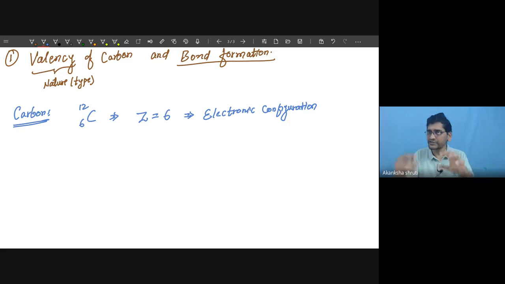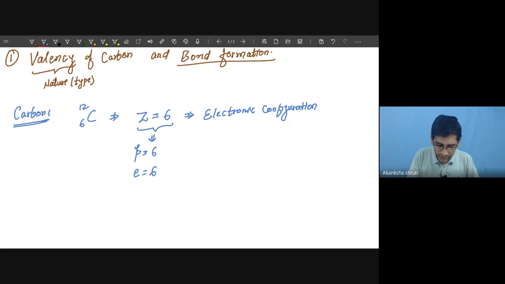Electronic configuration is arranging the electrons in different shells. This we have learned in class 9. Atomic number 6 indicates it contains 6 protons in its nucleus, as well as 6 electrons revolving around the nucleus.